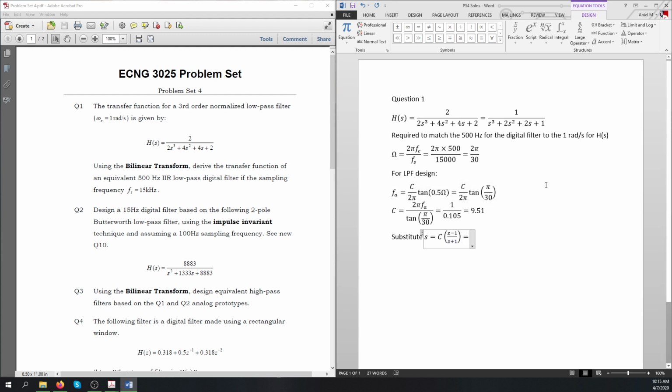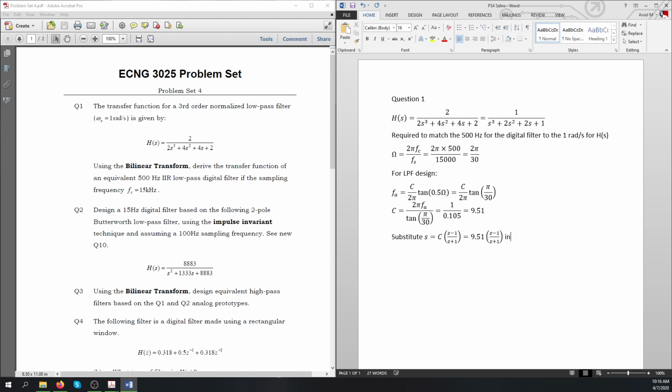And this basically is going to be 9.51 because we already have C. Multiply by z minus 1, z plus 1 on the denominator. And we're substituting this into h of s, and we need to simplify it.